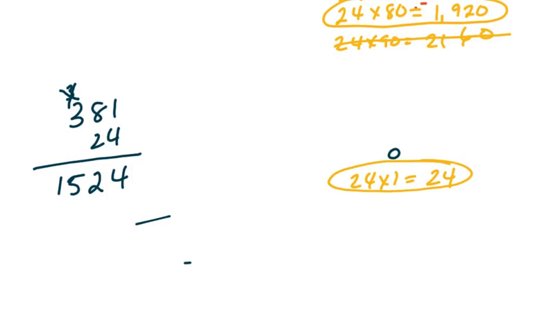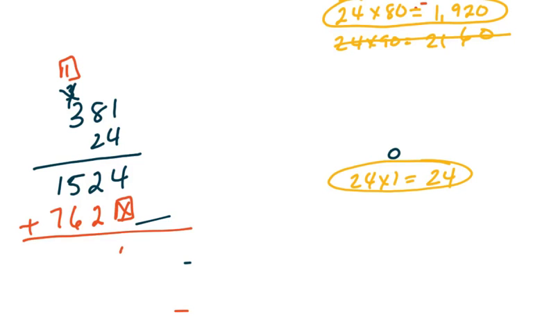Now we cross this out. Now we're going to be multiplying our tens. Put our X box down here. Now we go through and we still multiply. 2 times 1, 2. 2 times 8, 16. Regroup 1. 2 times 3 is 6, plus 1 is 7.